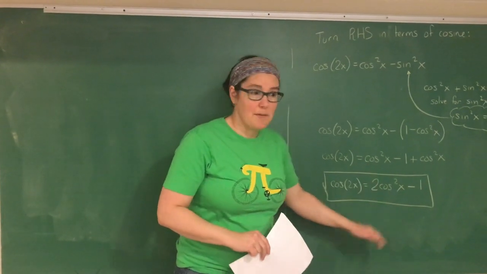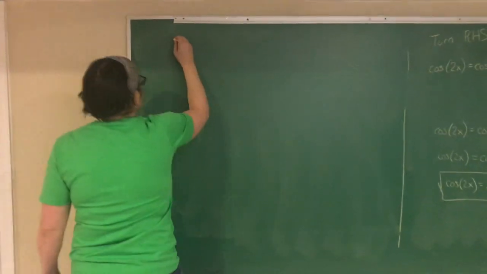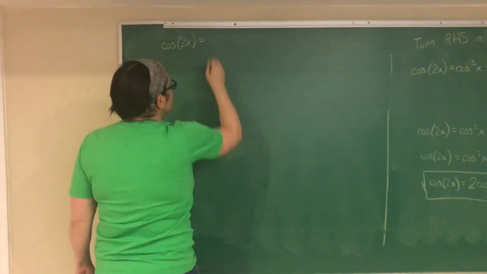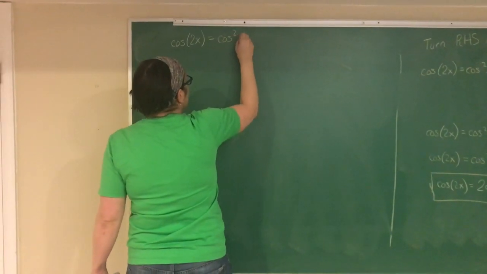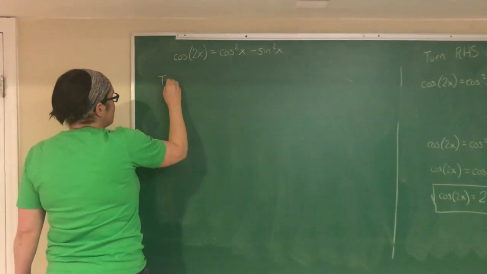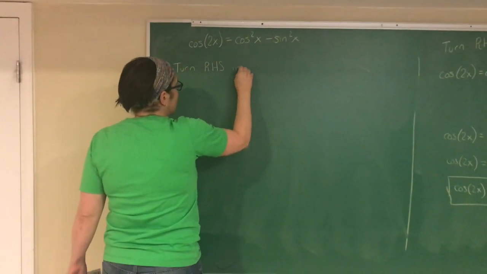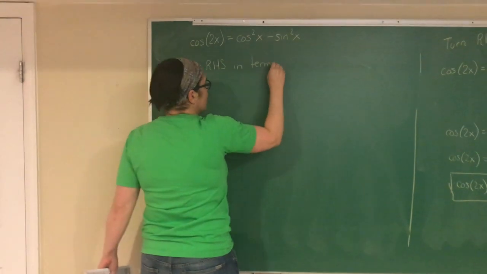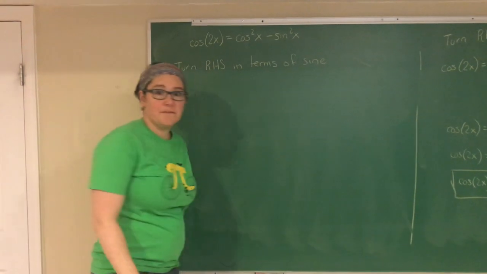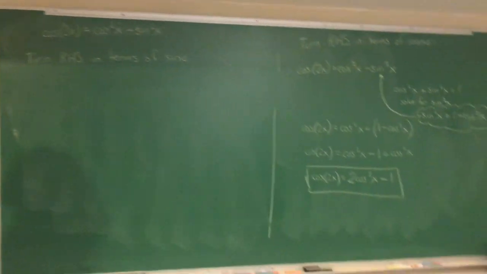A third piece of our puzzle is we are going to take this original expression of cosine of 2x is equal to cosine squared x minus sine squared x, and instead this time we are going to turn the right hand side entirely in terms of the sine function. Over there we turned the right hand side entirely in terms of cosine.